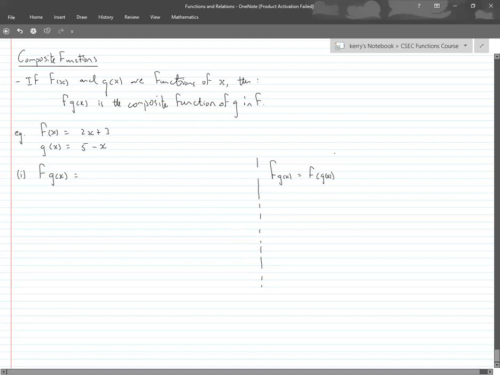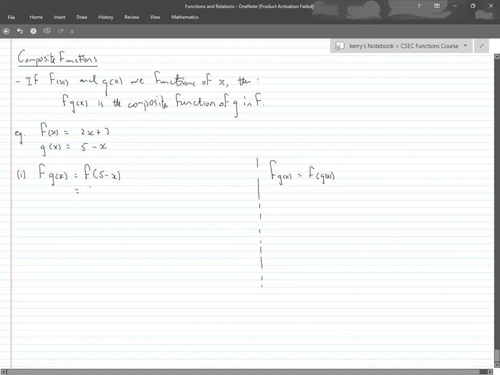Now what this means is that you are taking whatever g of x is and substituting that into f. So check what happens here. You work essentially with the second function first. So you substitute the second function, which is 5 minus x, and now you are taking this function and plugging it into f. So wherever it has x in f, you replace it with this entire function.